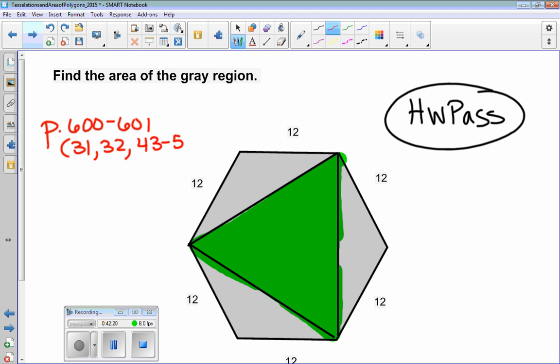That is a Venn diagram. They give you the Venn diagram, and all you have to do is put the words in the Venn diagram. Each word is a problem. So it looks like it's a lot, but it's really not. So 43 through 52 is a Venn diagram problem. And then I'm going to give you some homework problems on area of polygons as well.